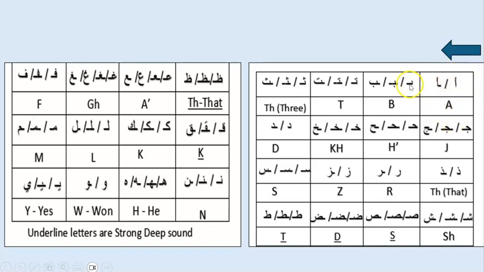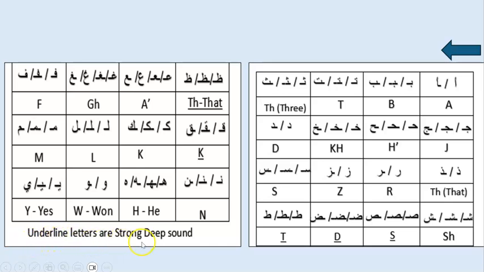So if you see here, a, ba, ta, th, th, as the word three, th, j, h, kh, d, th, r, z, s, sh, ص, ض, ط, ظ, ع, غ, ف, ق, ك, ل, م, ن, ح, like the word he, ح, و, ي.